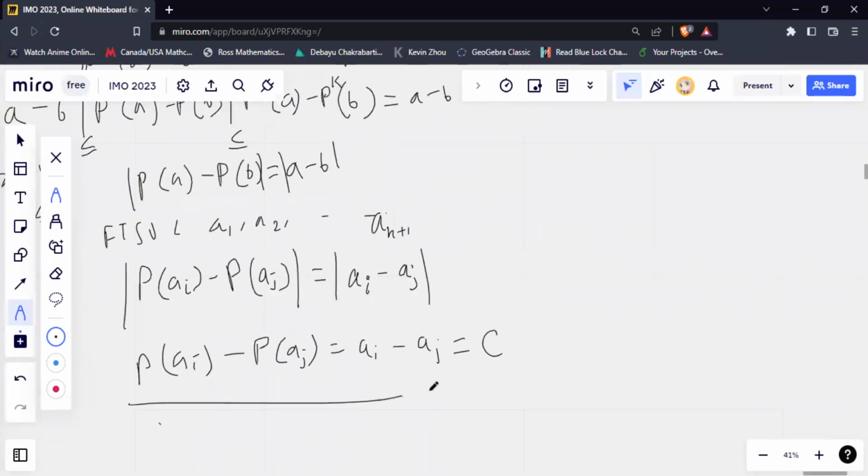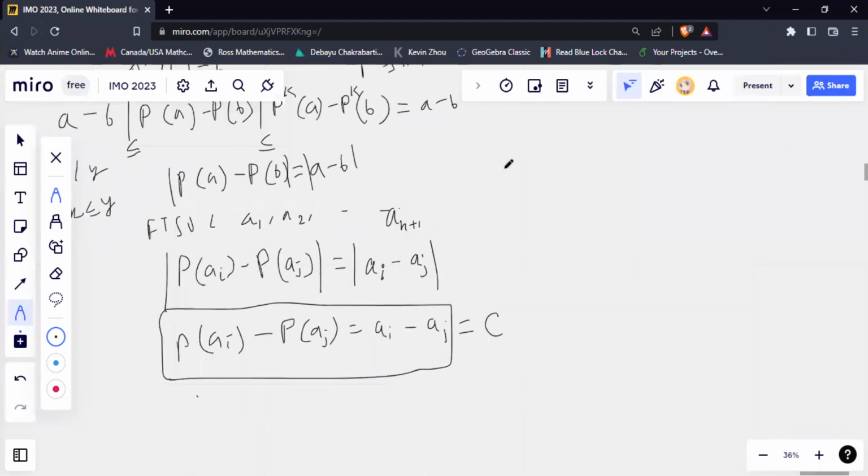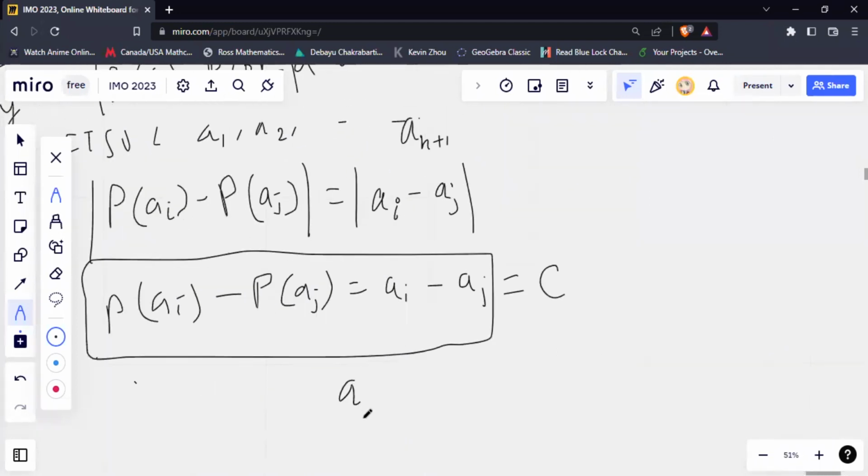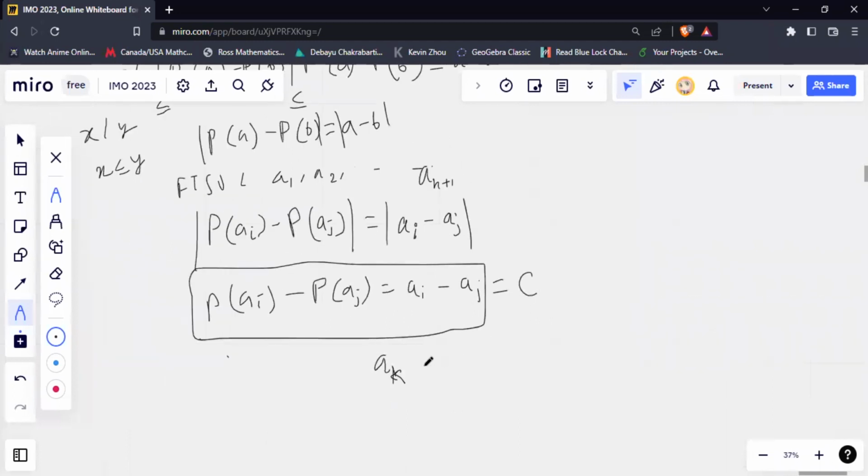So you want to force this, and to force this, you just consider another AK and do some algebraic manipulation to get a relation with AI and prove that this can't happen. This is not too hard.